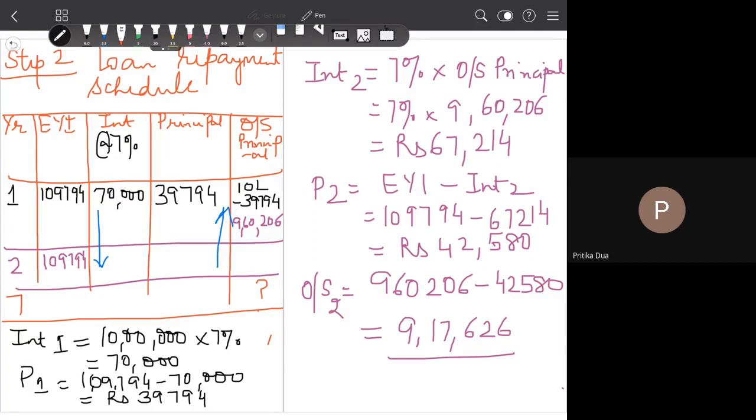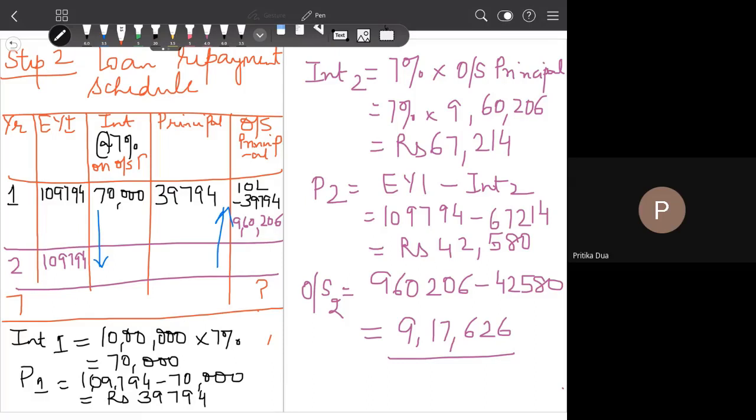So here 1,09,794. You see what is the interest on the outstanding principal. Outstanding principal at the start of the first installment is 10 lakh rupees. So 70,000 turns out to be the interest which we are paying in the first installment.